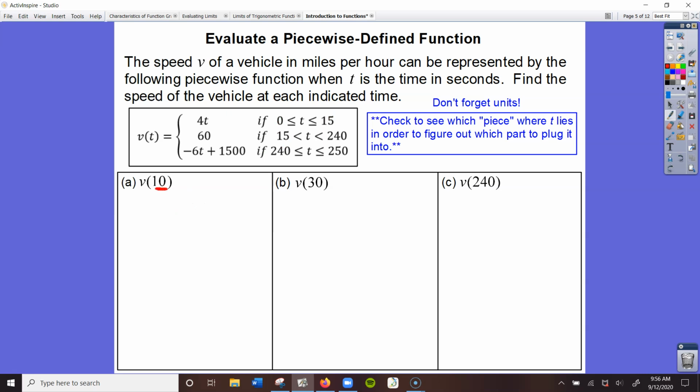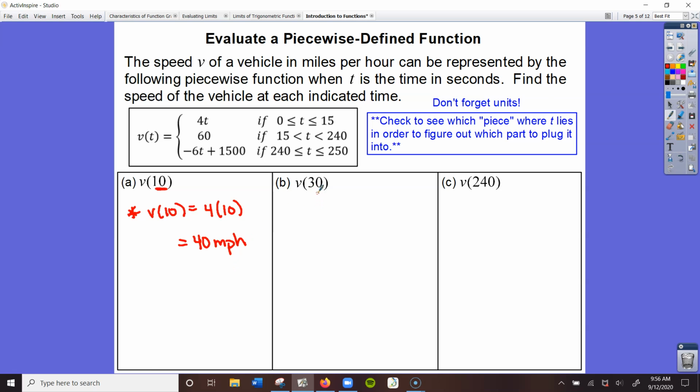So I would plug in the 10 into that first piece. So v of 10 is going to equal 4 times 10, which is equal to 40. And this is miles per hour because the v value represents the speed in miles per hour.